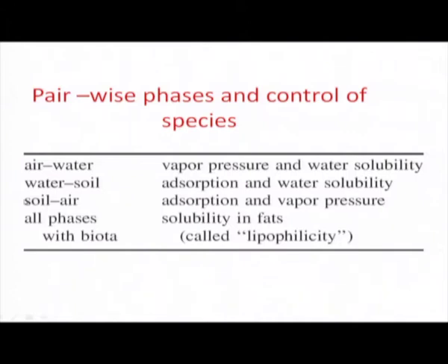So, depending on which part is important, the particular property of the chemical matters. Suppose we consider water and air alone, the properties to be considered are vapor pressure and water solubility. This is the main issue.